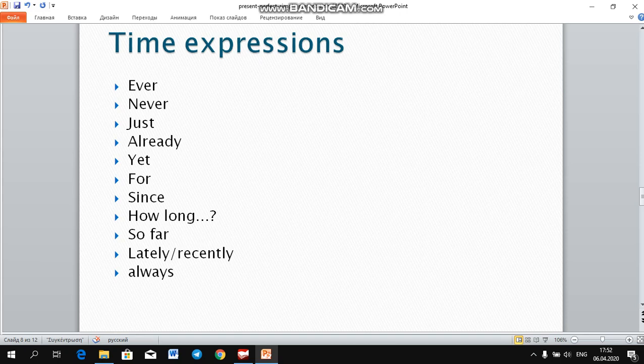We can use lately and recently to give information about events that happened in the near past. And these expressions don't give a specific time in the past or another time expression.